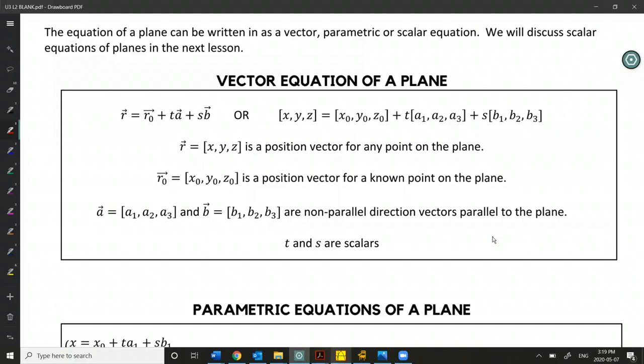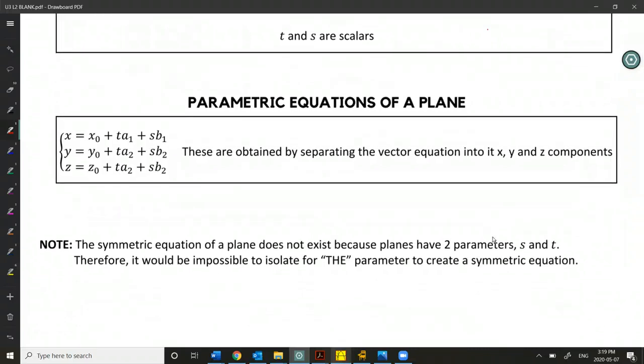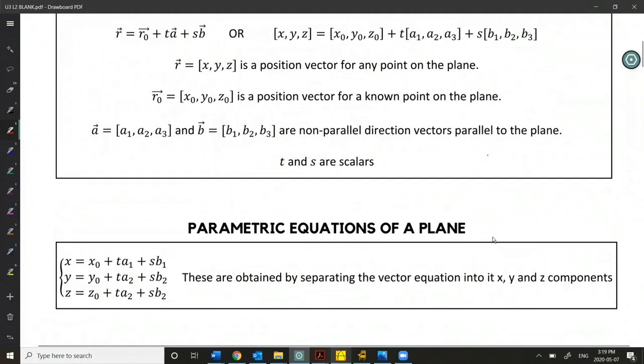The other important part is that our 2 direction vectors need to be non-parallel direction vectors that are parallel to the plane. Then we can get the parametric equation of the plane by simply separating out our vector equation into its x, y, and z components, leading us to have 3 parametric equations with the 2 parameters s and t.